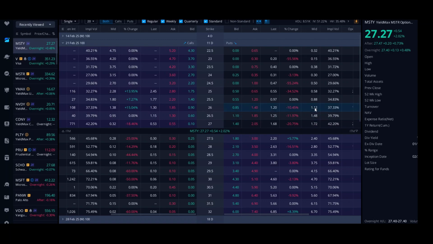So it's a juggling act that you have to select, right? You've got to decide, how far out of the money do you want to go? If 27.27 is the current price, what are you willing to buy MSTY at?